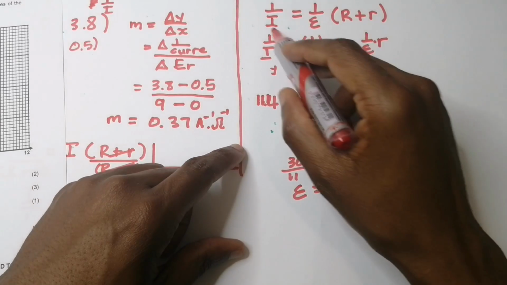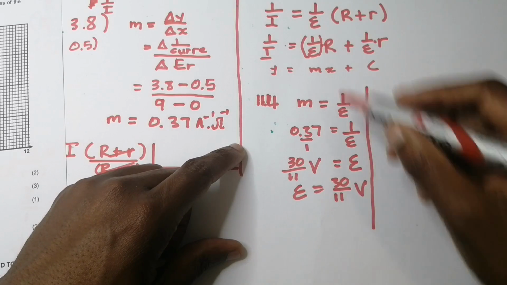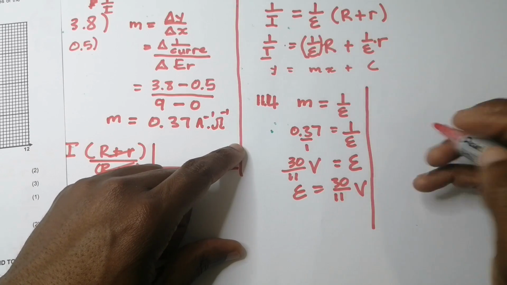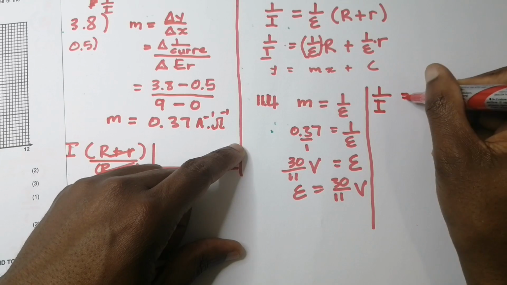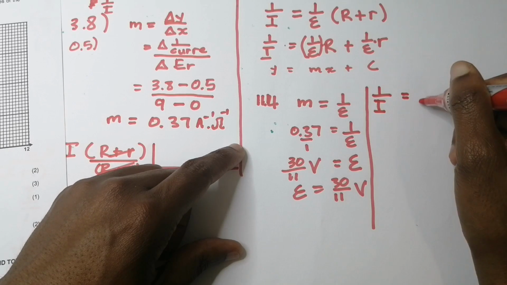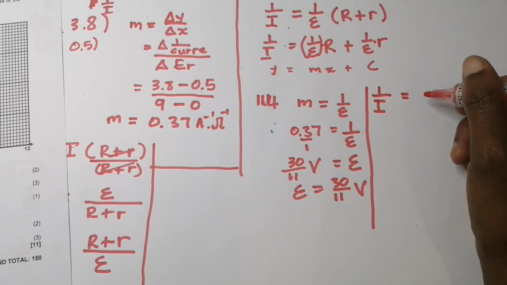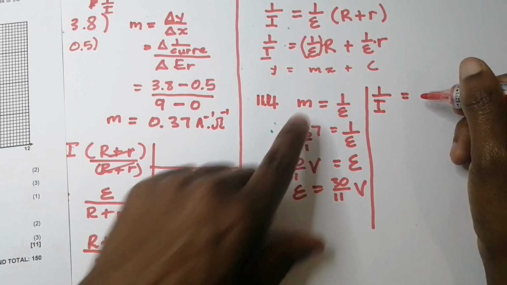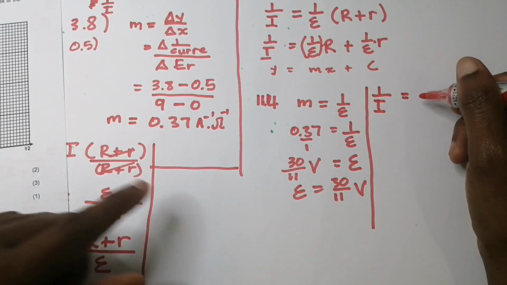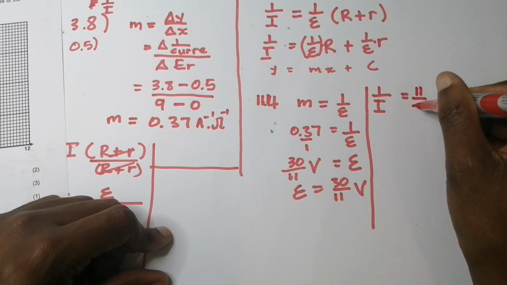Now we've got that equation over there, and not only do we have that equation, but we also know what the gradient is. So 1 over I is equal to 1 over E, but remember we know our gradient. We said our gradient is 11 over 30 actually, 0.366667, so that's the same as 11 over 30.